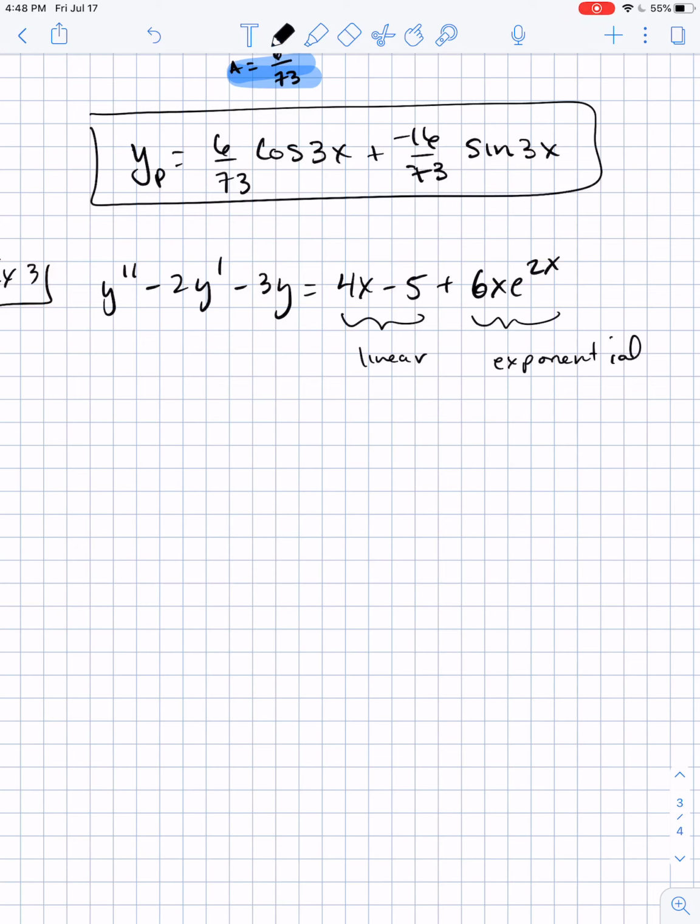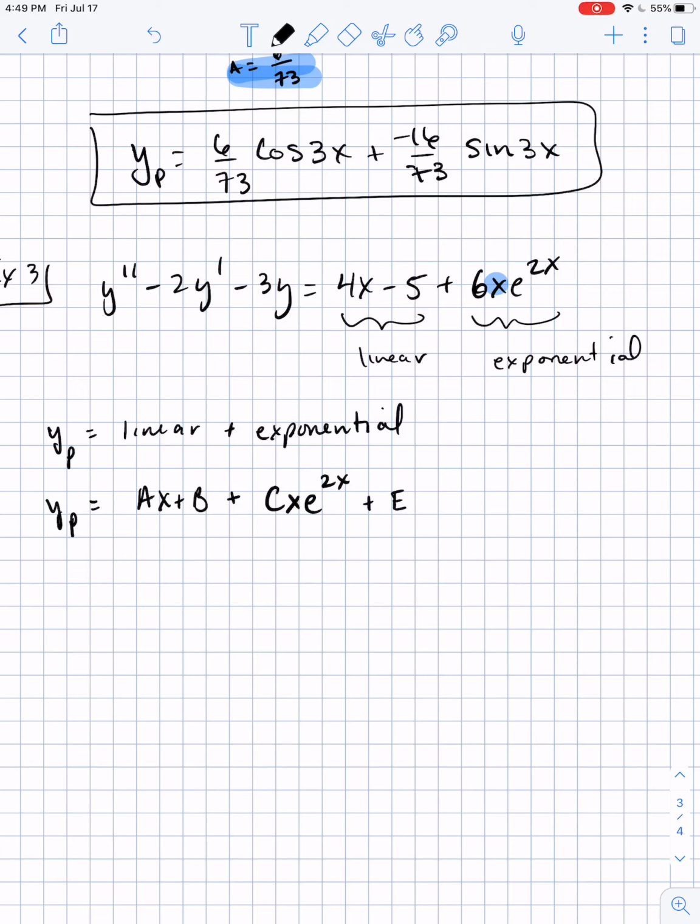So y of p is going to be made up of a linear function plus this exponential, but I want to include a product rule there, because I see this x. So y of p is going to be, let's say, ax plus b, that's my linear, plus cx e to the 2x, making sure you use different variables here, because there's an x; the e to the 2x always stays the same.